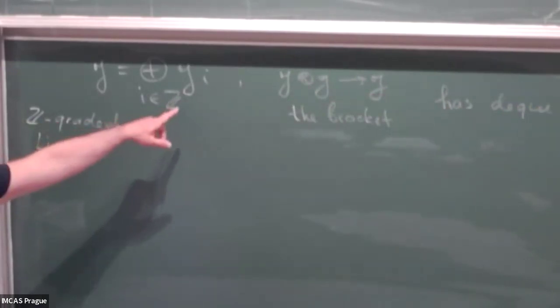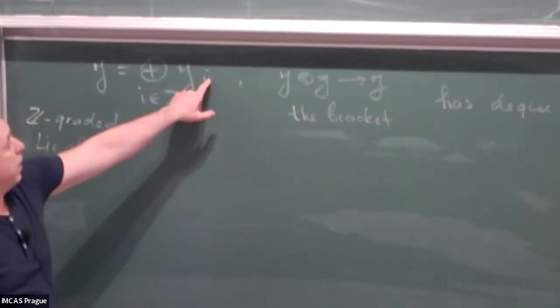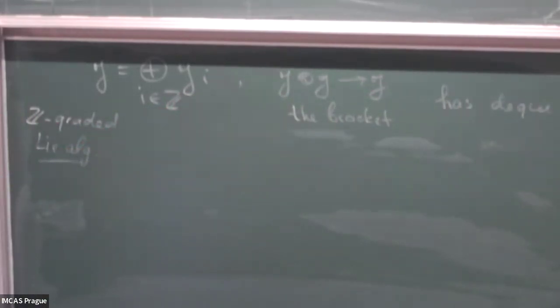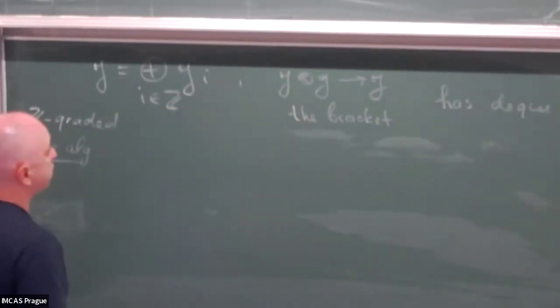So if you take the bracket of elements from G_i and G_j, it will take values in G_{i+j}. Now, what kind of examples do we know?